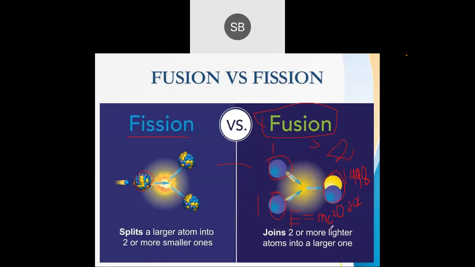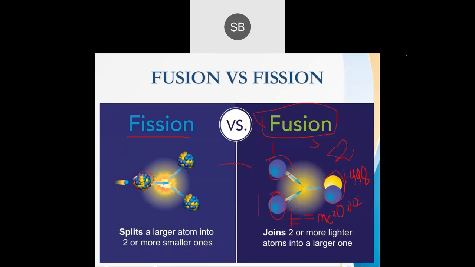So the difference between these two, something like 0.002 AMU, has been converted into energy. You can find out this energy by using one of the very popular equations of Einstein, E equals mc squared, where E is the energy generated, m is the mass, and c is the speed of light in vacuum.